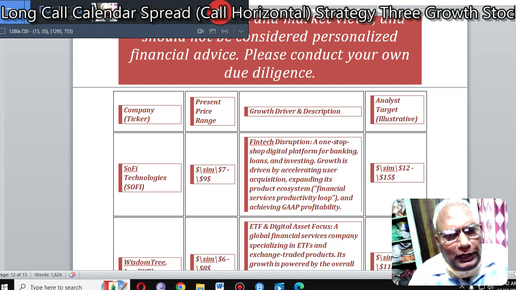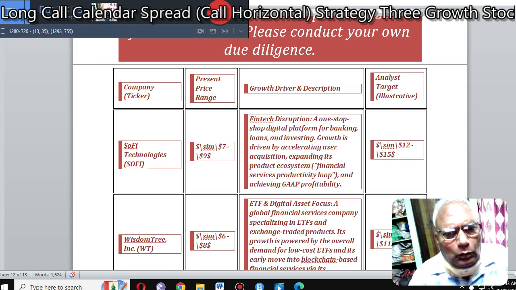This is Sophie FinTech Disruption, a one-stop shop digital platform for banking, loans and investing. Growth is driven by accelerating user acquisition, expanding its product ecosystem, financial service product loop, and achieving GAAP profitable. Target price is $12 to $15.